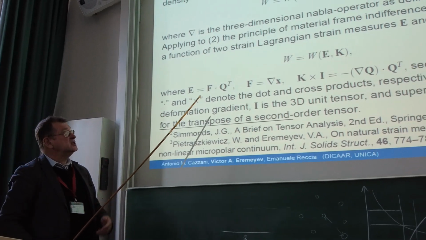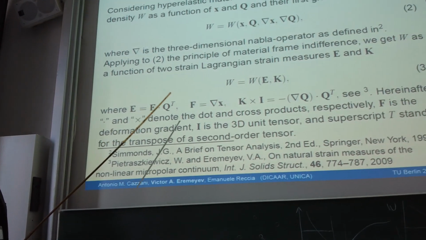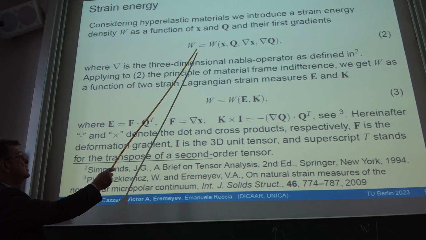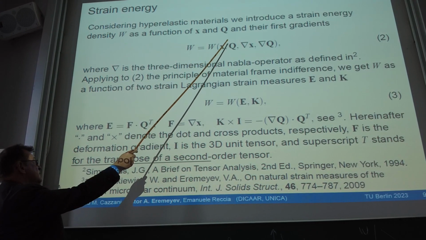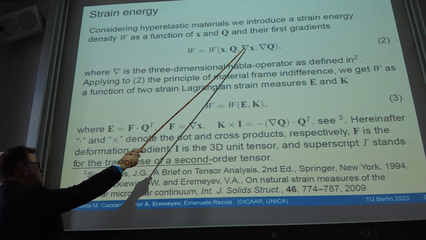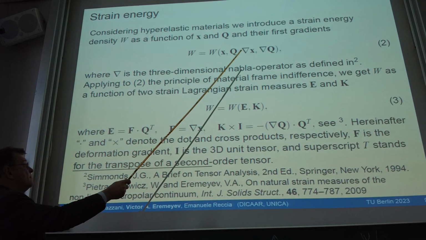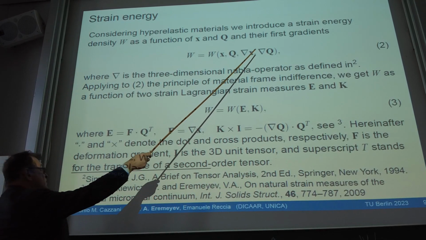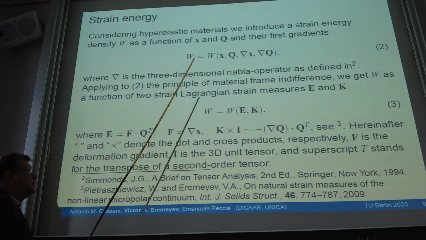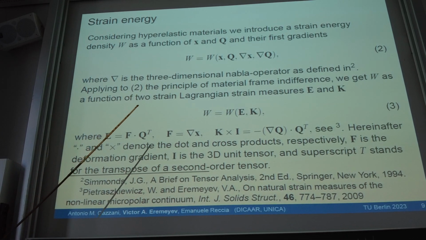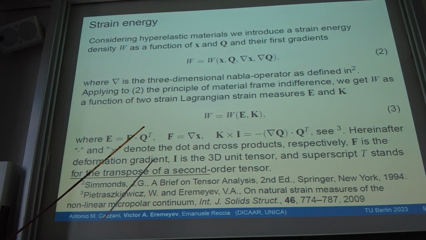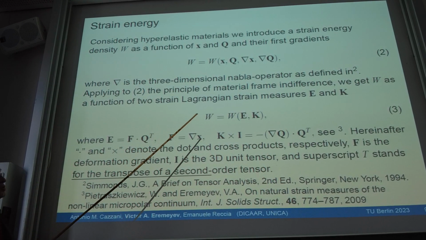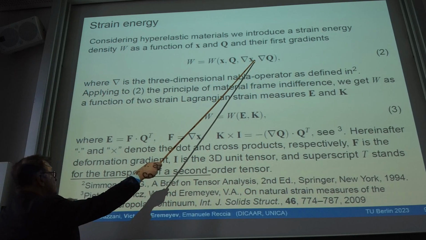Then we introduce the strain energy. We discuss the elastic case. We introduce the strain energy following equipresence. Everything depends on everything. So you have the gradient of this, and the gradient of the orthogonal tensor becomes a third order tensor, but it's not, let's say, very convenient to use it. Moreover, it's not fully independent.